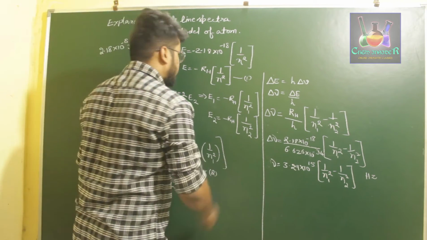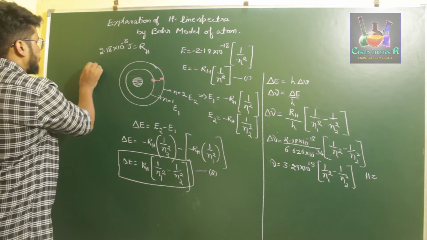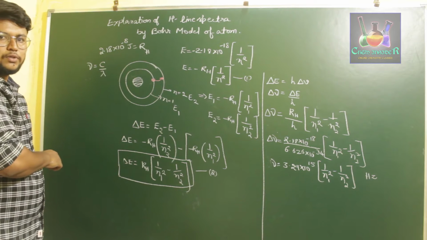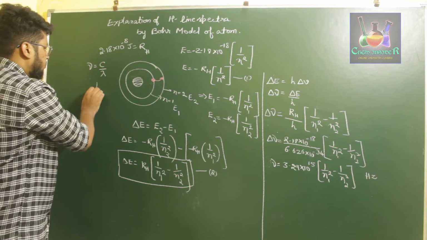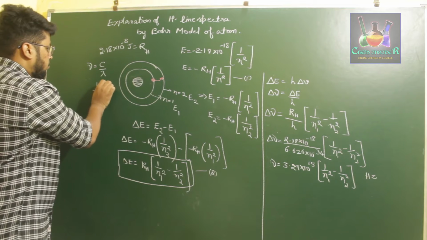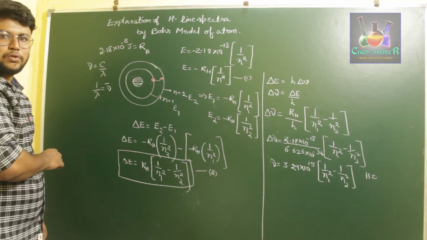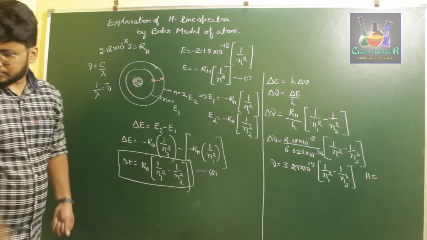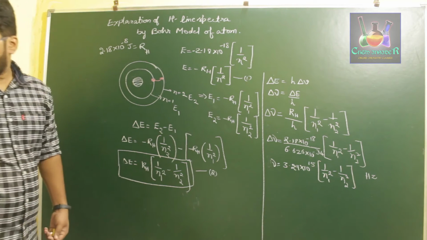Further, we know one more expression for determining wave number. That is nu is equal to c by lambda. And we also know 1 by lambda is equal to nu bar. So now I'll make it a bit simpler.